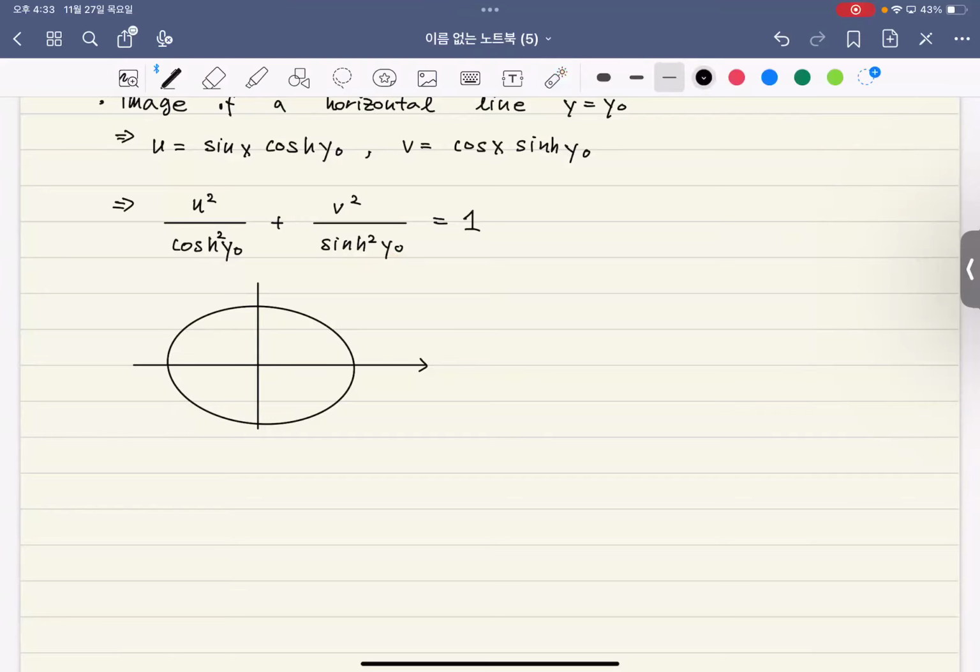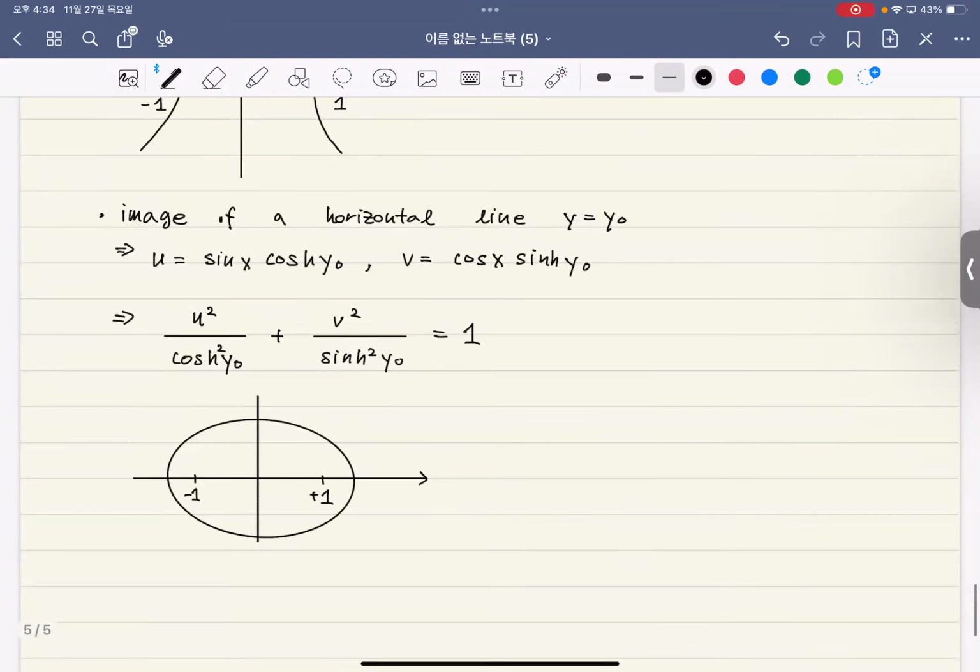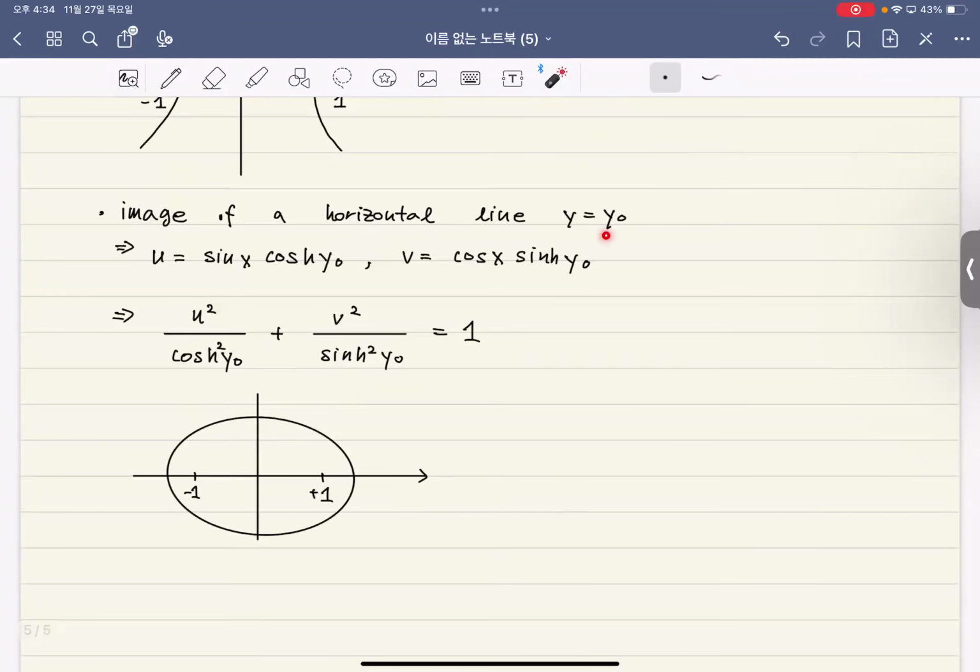Right, the coordinate of the focus is still minus 1 and plus 1. So this is the image of the horizontal line, if y is y0, and this is a periodic curve, right? So the image of x, y, where x is between minus pi and plus pi and y is y0.